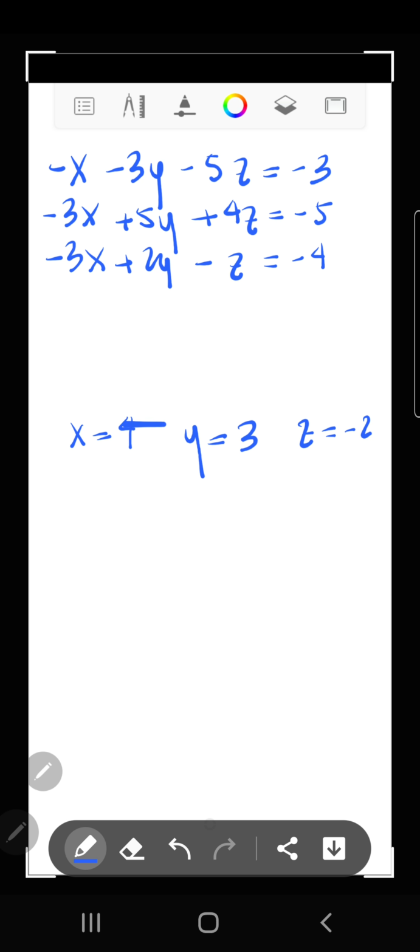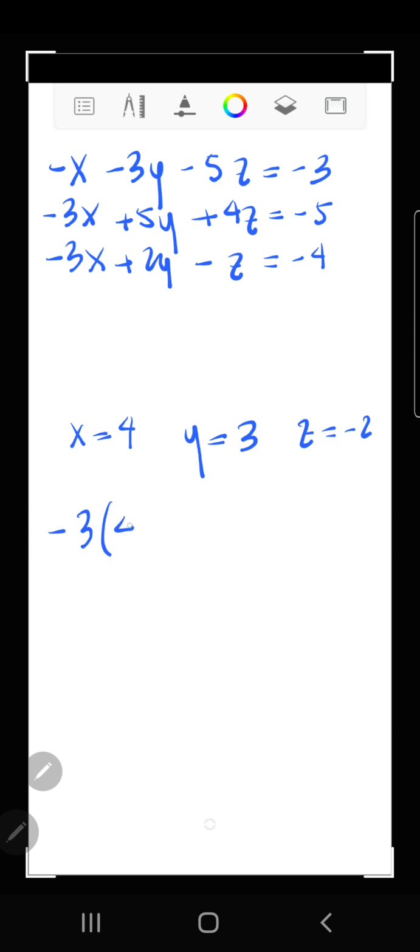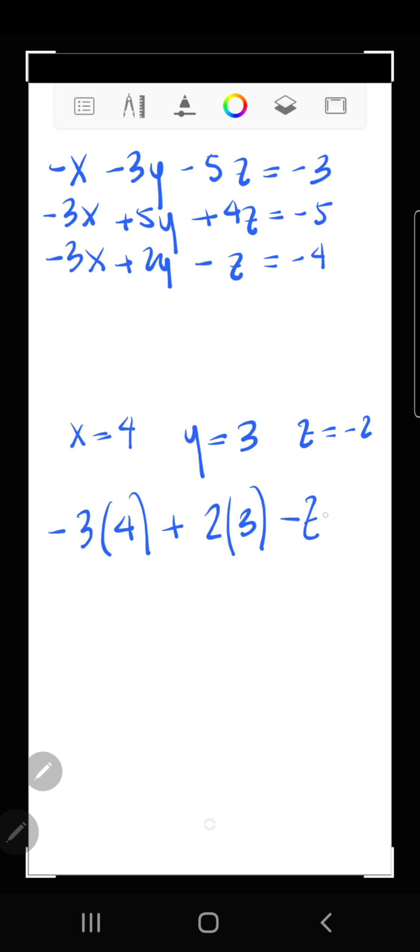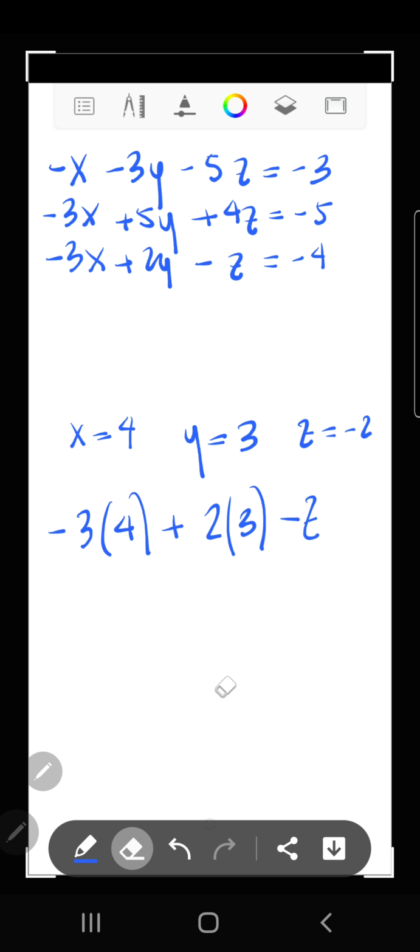So for example, in the last equation, you should substitute the x by a 4, the y for a 3, and the z will be negative 2.